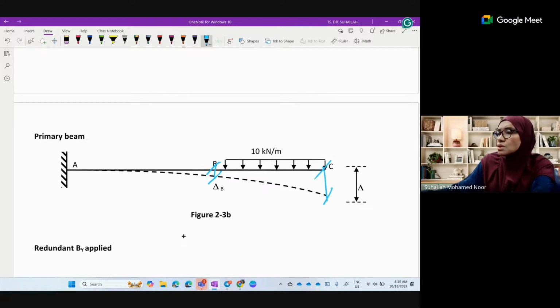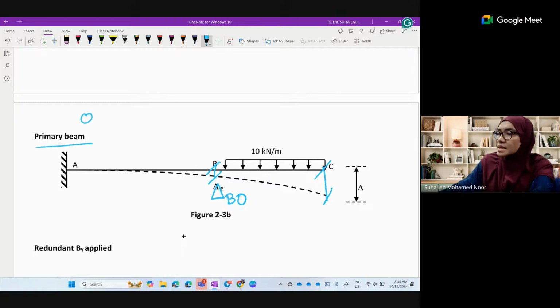There are two position. Okay, so at point B, the delta sama macam previous one. It is delta at point B, position B, right? For primary beam, this is the symbol we use. Okay, so delta at point B, this is primary beam, symbol naught, right?